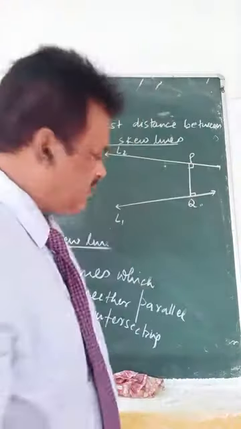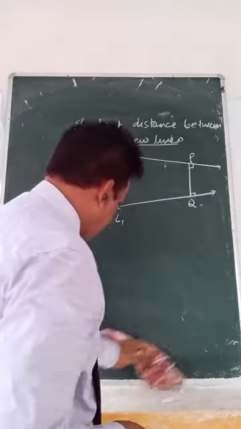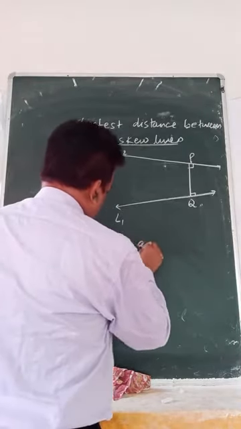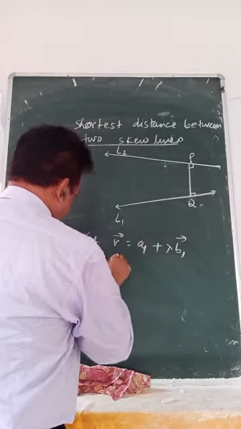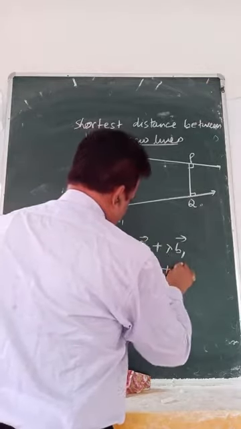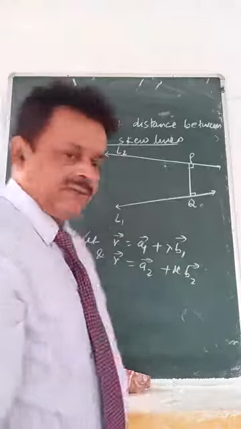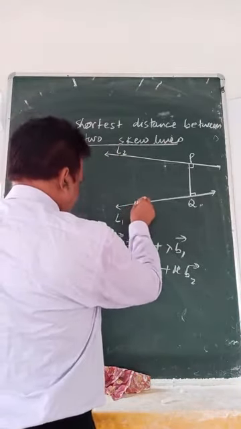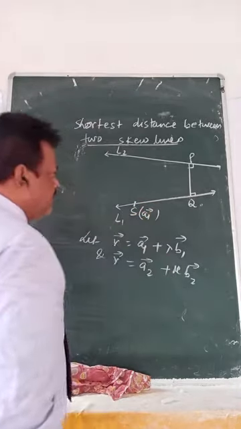Okay now. So when I say, let r = a1 + λb1 and r = a2 + μb2 are two lines. Two skew lines I have taken here. So what is that a1, a2? a1 is a point here. Suppose this is the point S, whose position vector is a1.